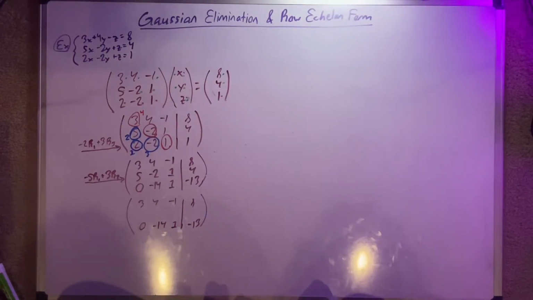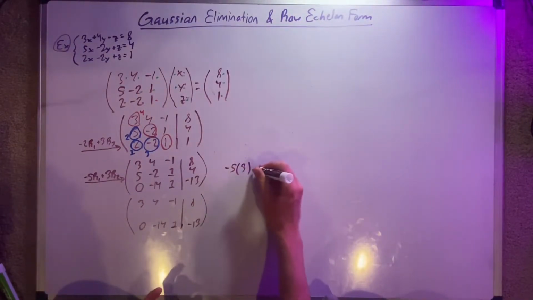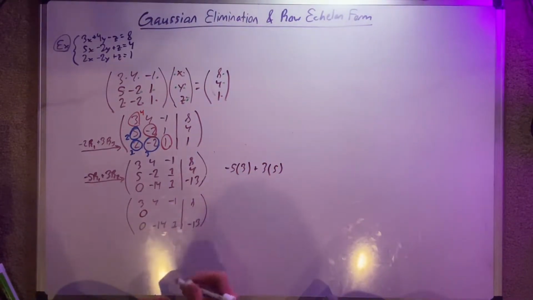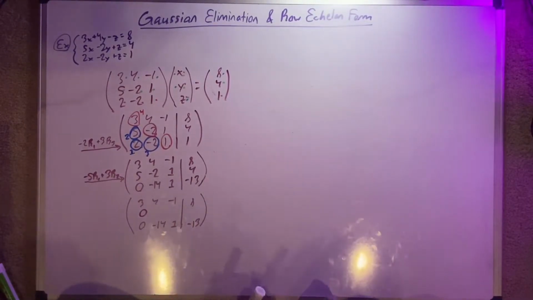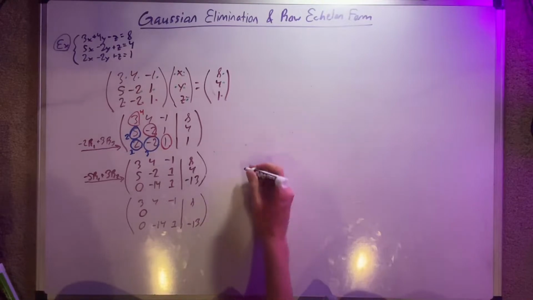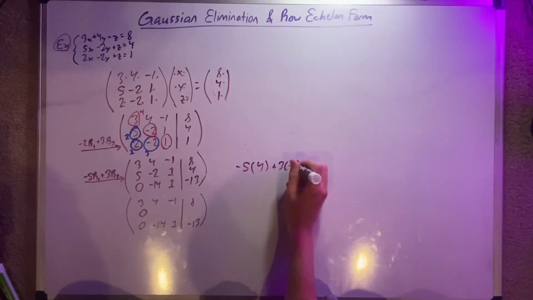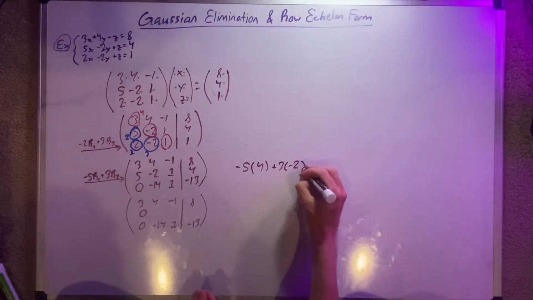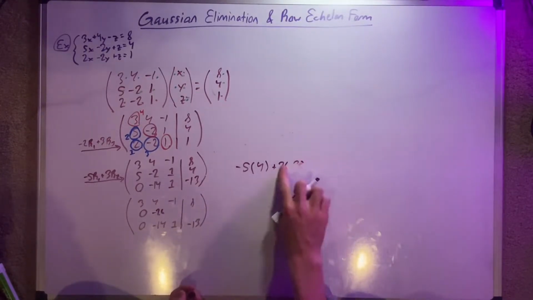Now we can go and do the middle row. The middle row says -5 row 1 plus 3 row 2. Of course, that's going to be 0 because we said it would be 0. And the math all checked out for us using those specific constants. -5 times 4 plus 3 times row 2, column 2, is that. So negative 20 plus negative 6 is negative 26.